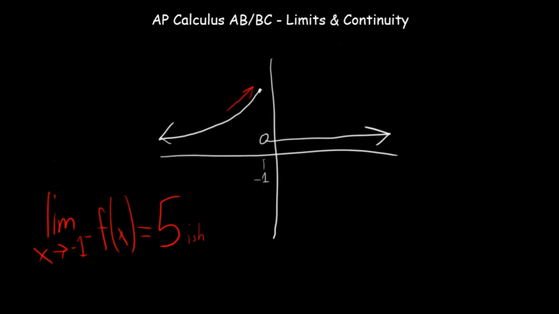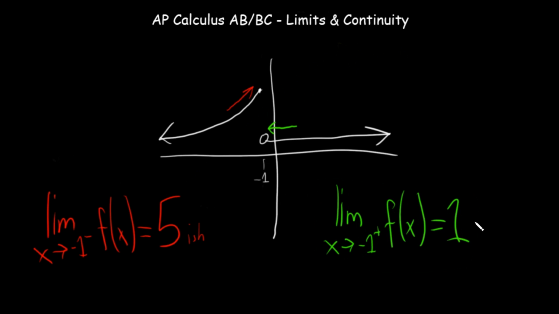This graph isn't very defined, so we're just going to say that. On the other hand, we have the limit as x approaches -1 from the positive side. From this side, f of x would equal about 1. That's basically the difference between negative and positive limit notation.